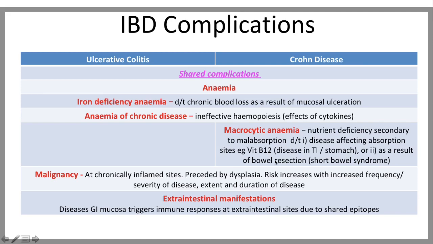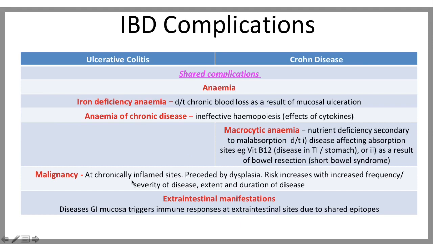Okay, so sometimes a patient with severe Crohn's disease can undergo bowel resection, removing parts of the bowel which are involved by inflammation. So if you remove too much of that bowel, you can get short bowel syndrome. And if you remove parts which are involved in nutrient absorption, then you can get malabsorption of that specific nutrient. So you can get macrocytic anemia as a result of B12 deficiency, for example.